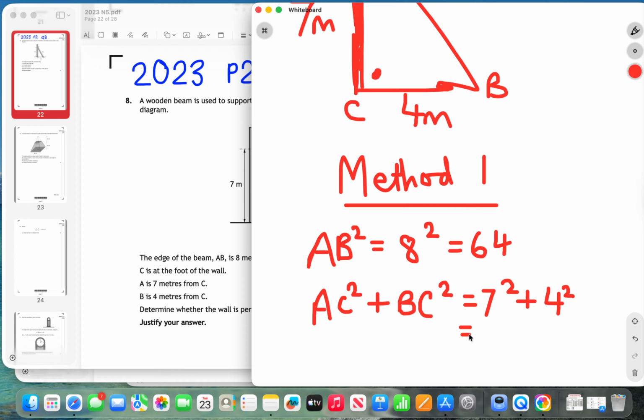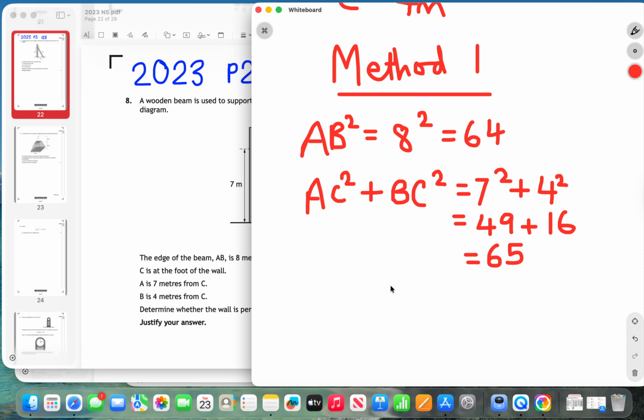That's going to be 49 plus 16 is 65. We then notice that these are not equal, so 64 is not equal to 65.